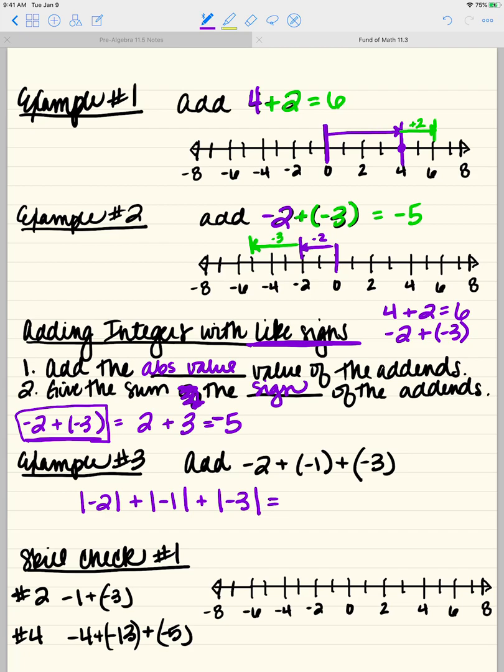The absolute value of -2 is 2, of -1 is 1, of -3 is 3. 2 plus 1 plus 3 is 6, and we're only allowed to use that rule because they're all negative. So we give the sum, which is 6, the sign of the addends, -6. So -2 plus -1 plus -3 is -6.